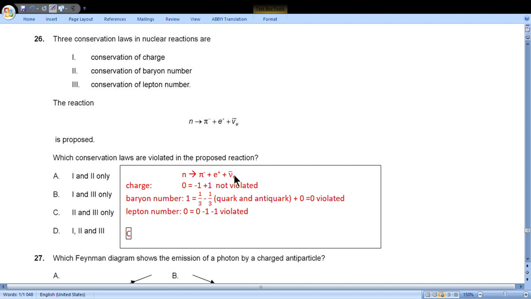Baryon number: the neutron is a baryon with number 1, the pion is a quark and antiquark, so baryon number 0, and there are no baryons here, so 0. Violated, 1 turns into 0. Lepton number: neutron is not a lepton, pion is not a lepton, the positron is an antiparticle with lepton number minus 1, the antineutrino has lepton number minus 1, so 0 is not equal to minus 2, violated. So C, 2 and 3 only are violated.